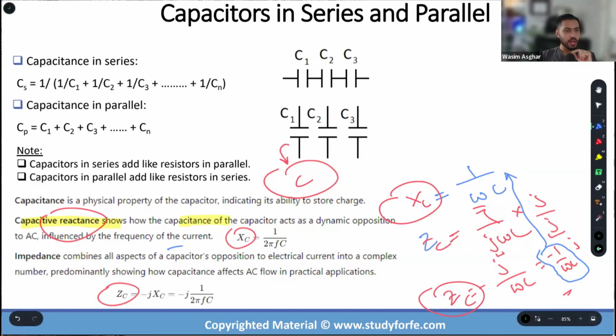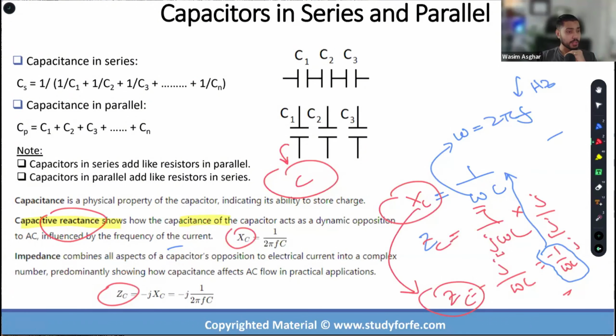Now, for those of you who want a quick refresher, omega is simply equal to 2 pi f, and f is your frequency in hertz. The question is, how does this omega impact the reactance, and more importantly, the impedance? As you can see, omega is residing in the denominator.